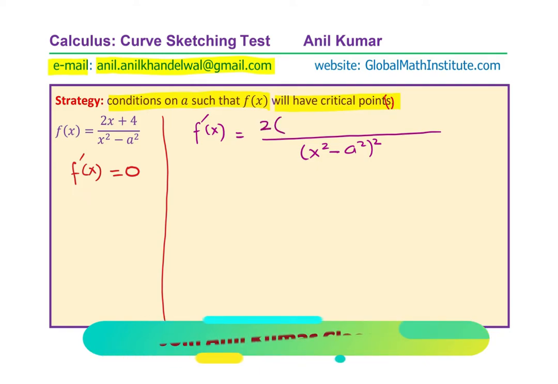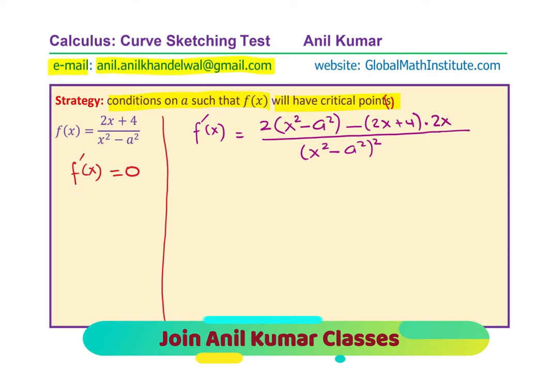So I'm multiplying that with the denominator, which is x square minus a square, minus the numerator, which is 2x plus 4, times the derivative of denominator, which is 2x. Right? So you know the rules. We have the derivative, and now we have to equate this derivative to 0. That is the condition, correct?